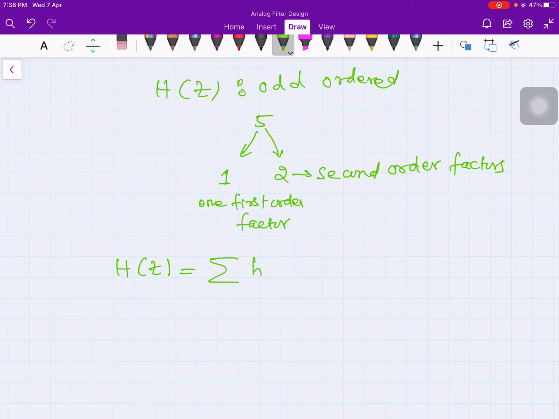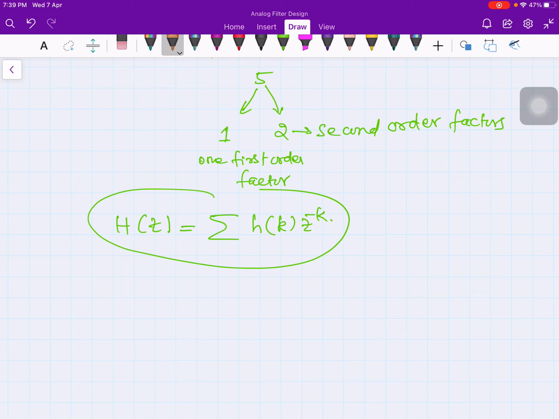Now what you do is you factorize this. You have to take h0 commonly outside.